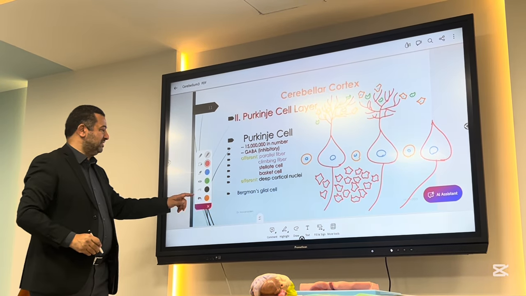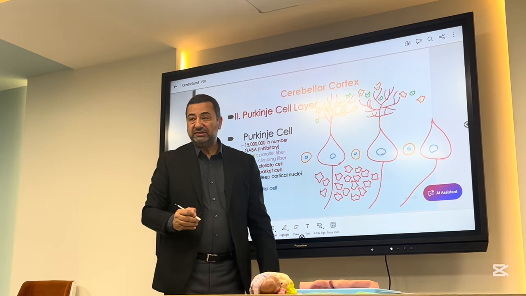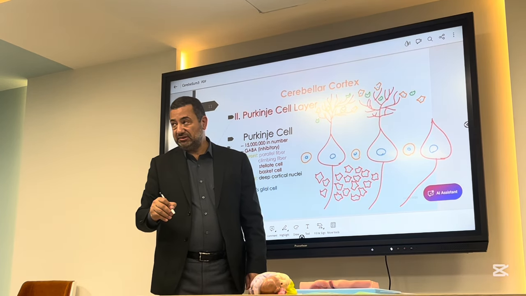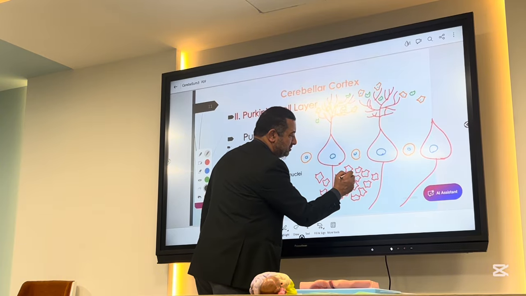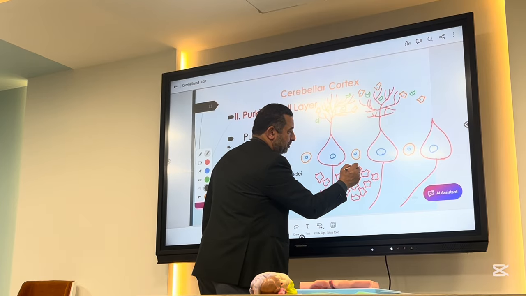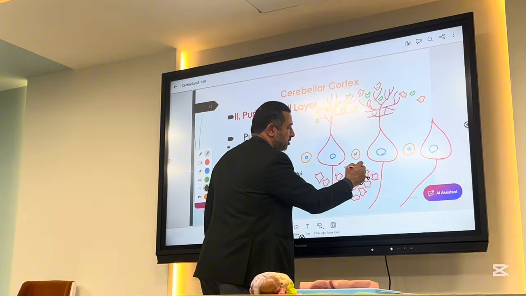And between Golgi cells, there are granular cells. Granular cells are very, very small cells with 3 to 4 micrometer diameter.